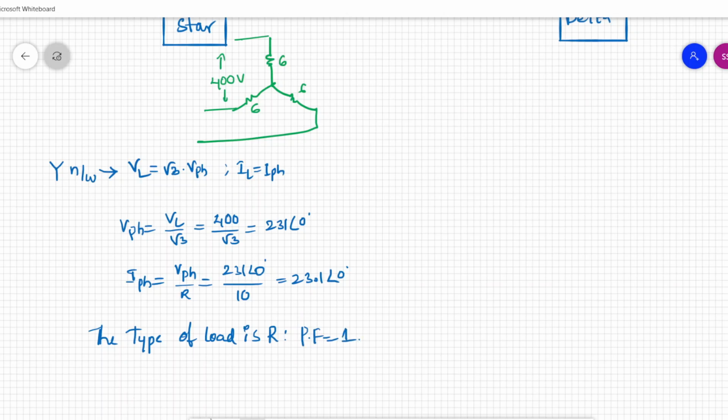So the power P in star connection equal to 3 into V phase into I phase into cos phi. So this is cos phi here, the power factor, unity power factor for resistive loads. Now let us find the power consumed in star connection.